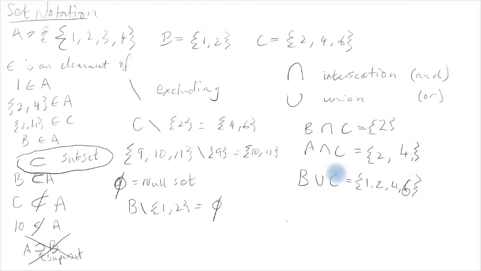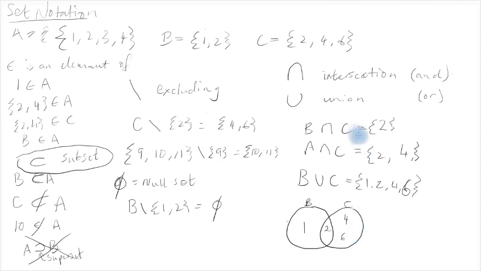Now these two things people often represent with Venn diagrams. So here's a quick one, B and C. This middle bit here will represent the intersection, which is 2, because 2 appears both in B and in C. Now if we put all of the other elements in, B also has 1, and C has 4 and 6.